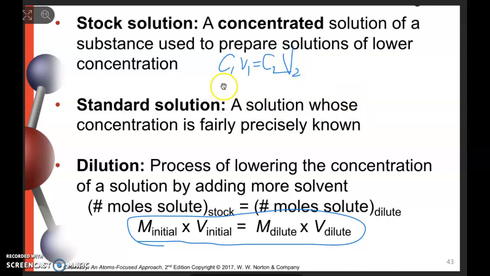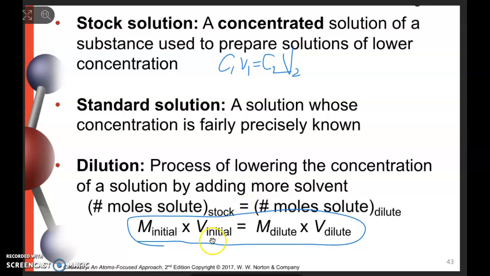And the reason why is we don't actually need molarity. This will work for any concentration unit, percent by mass, parts per million, molarity, and any of them.